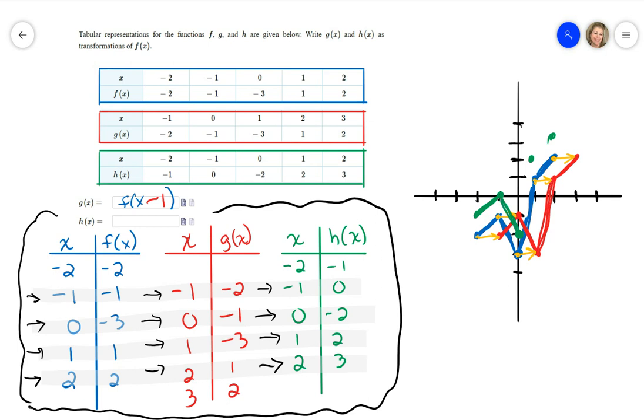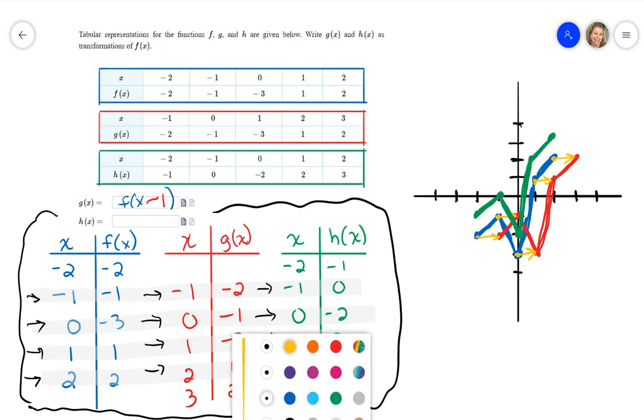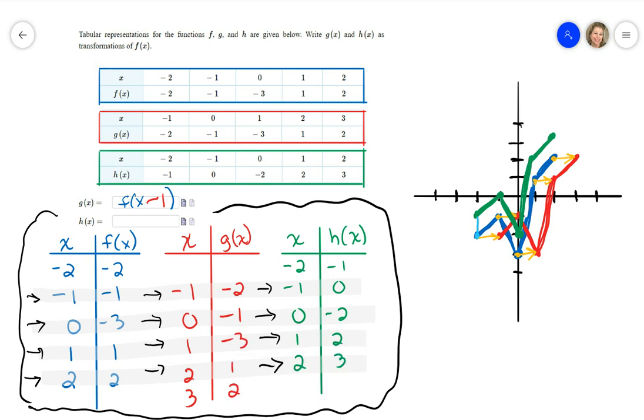And this one, remember it started at the blue. Blue is f of x. And you can see that it's actually going up 1 unit. It starts here and goes up to there.